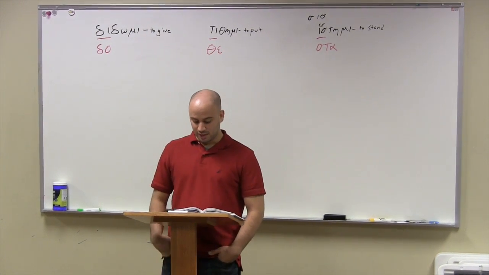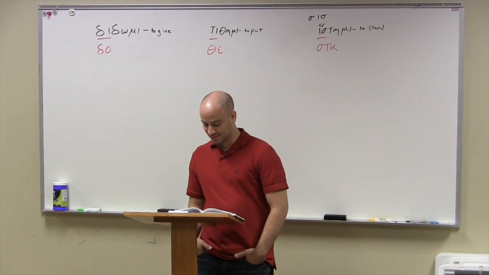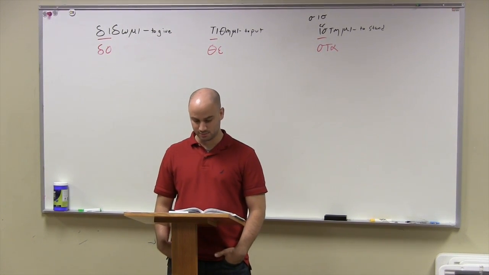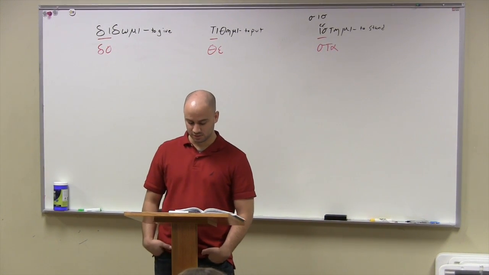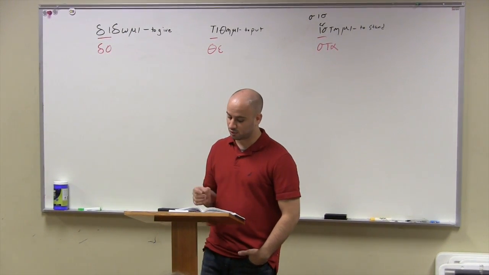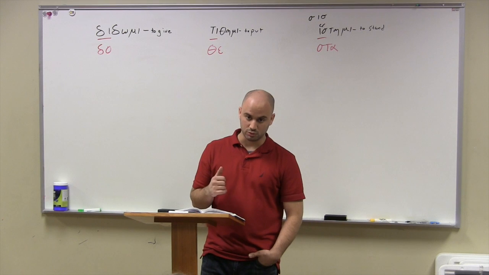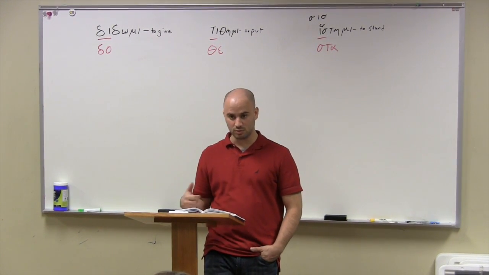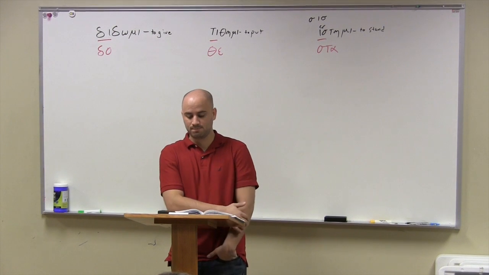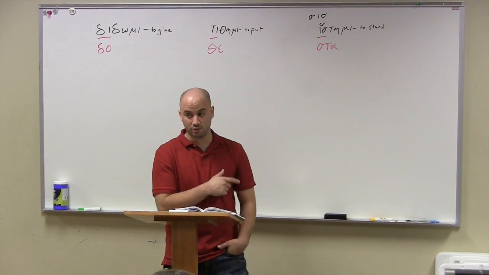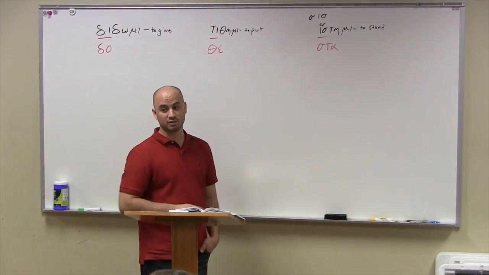So etithen, etithes, etithe, etithemen, etithete, etithesan. And even if you don't realize that that's what's taking place, we should still be able to do this. The endings haven't changed. They might get lengthened, but they haven't changed. And they're lengthening either because of your stem or because of contraction.